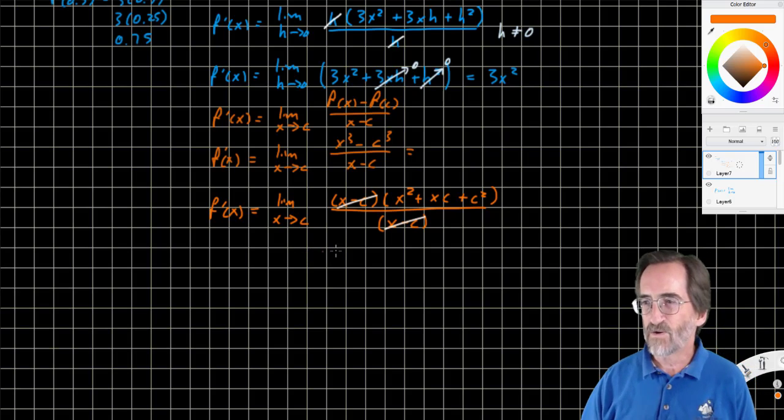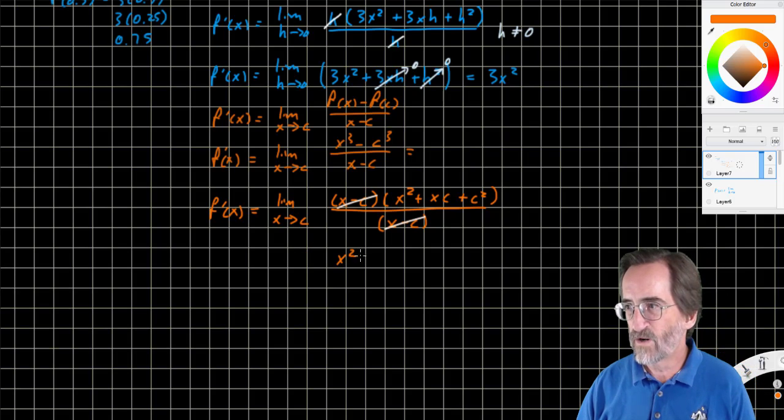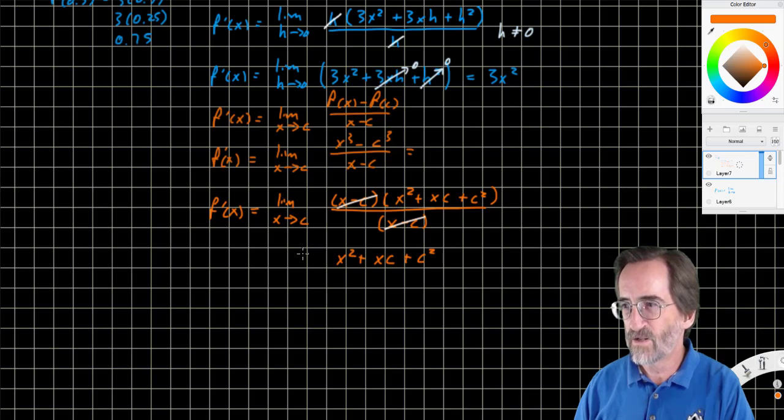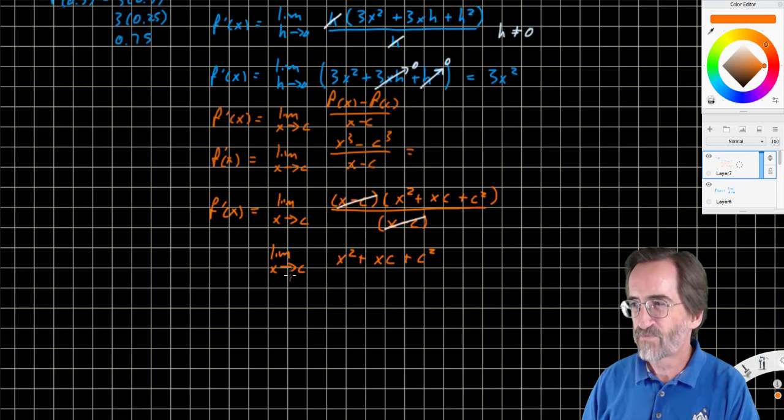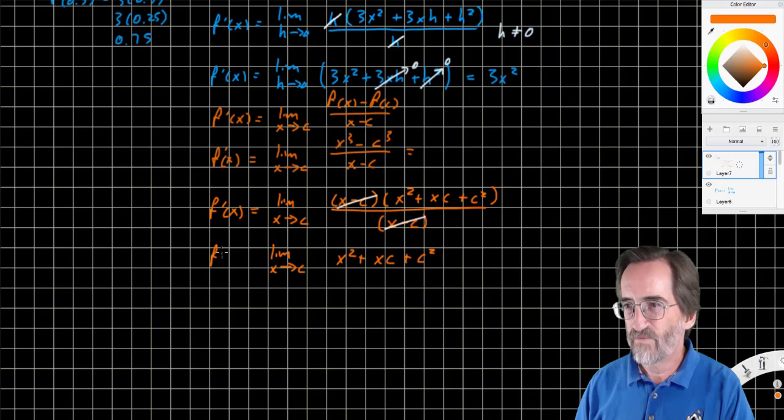So now we have x squared plus xc plus c squared, the limit as x approaches c. f prime of x.